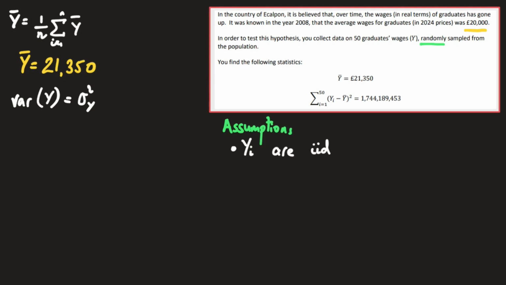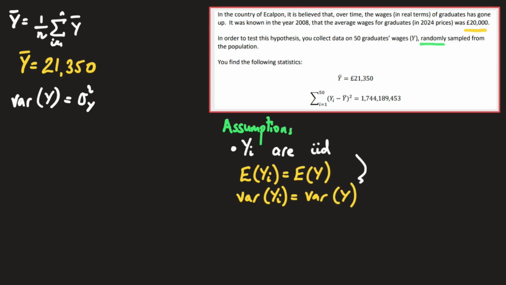So in other words, the expectation of each of the yi's is equal to the expectation of y, and also the variance of yi is equal to the variance of y, and that would be true for all observations of i. The other thing that follows from the observations being IID is that the covariance between observations is equal to 0.